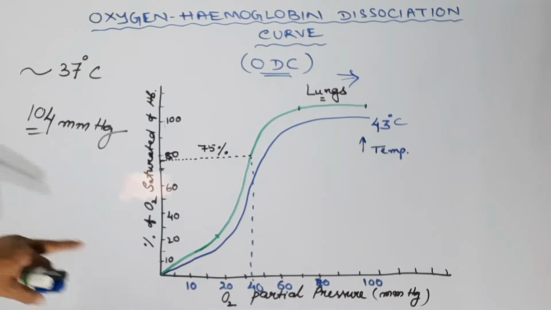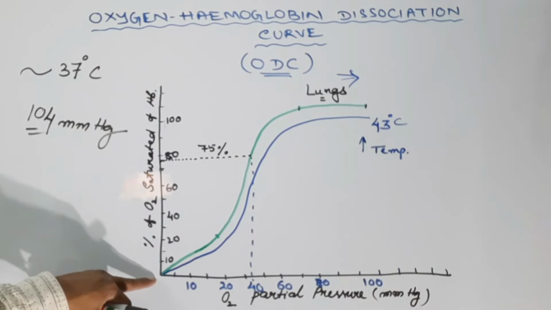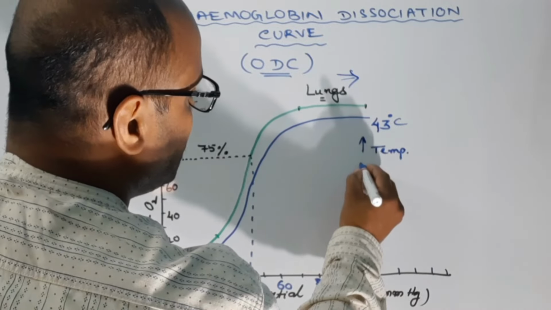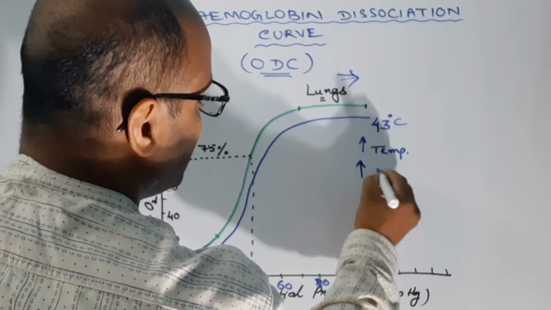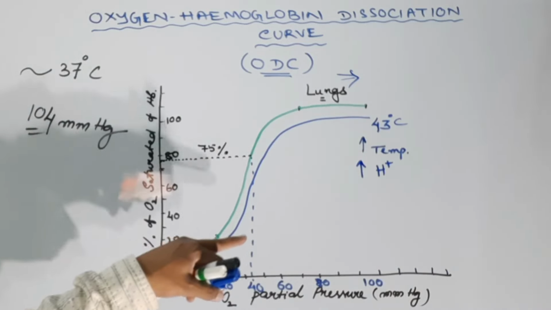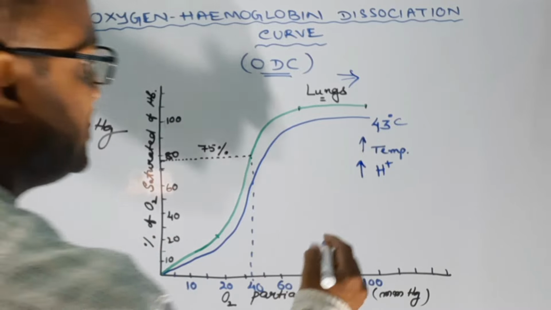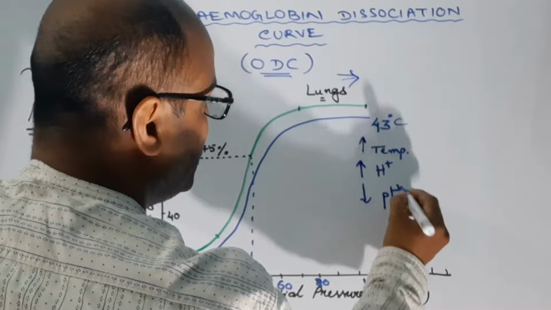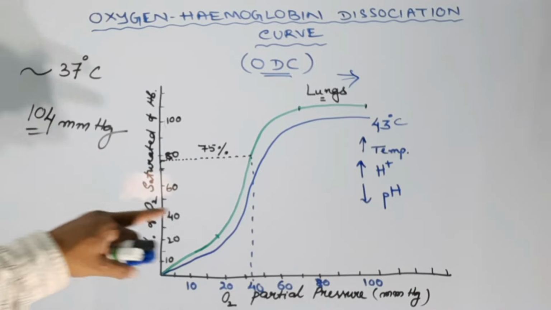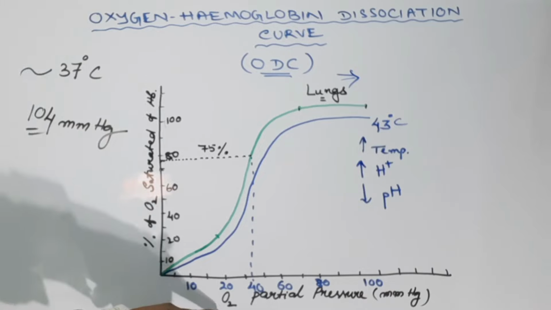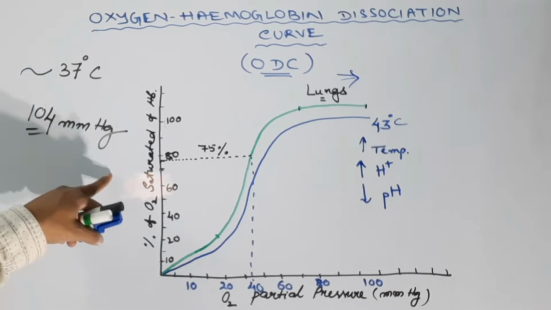It means that the affinity decreases. If the H plus ion concentration is high, it means acidic, or the pH goes down. Lowering of pH, an acidic condition, hinders the binding of oxygen with hemoglobin.